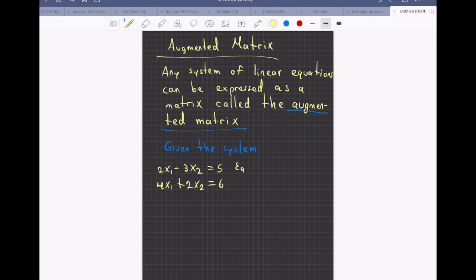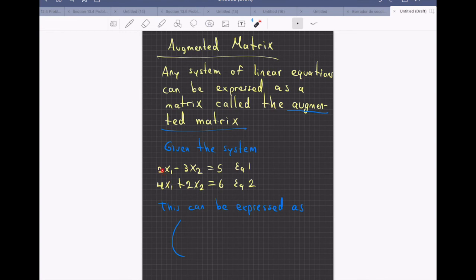This is equation 1. This is equation 2. This can be expressed as a matrix. Notice how this is not very complicated to do, so pay attention.